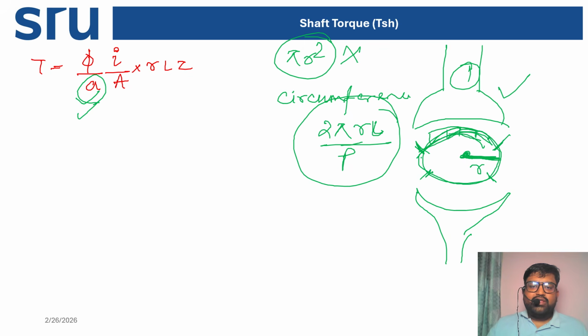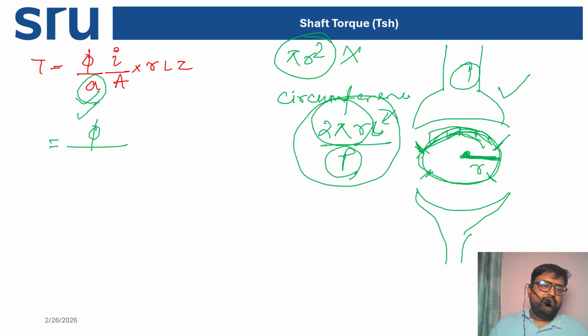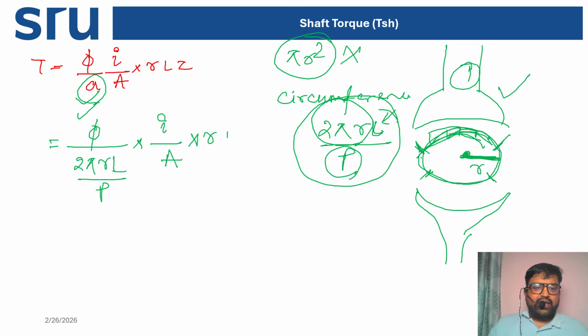2 pi r is the circumference of the armature, l is the length of the conductor, p is the number of poles. Then if we put it here, the formula will come: pi by 2 pi r l by p into I by a into r l z.